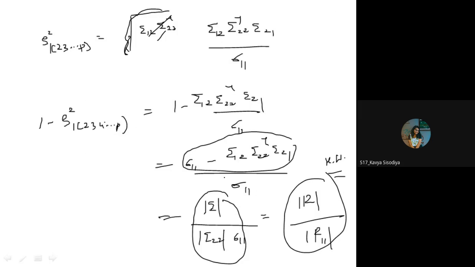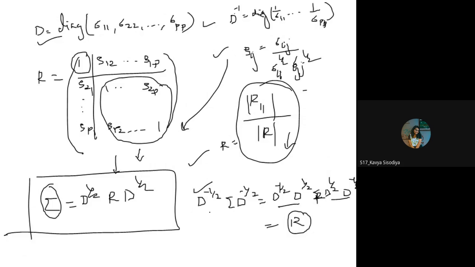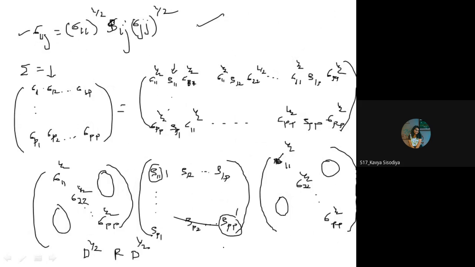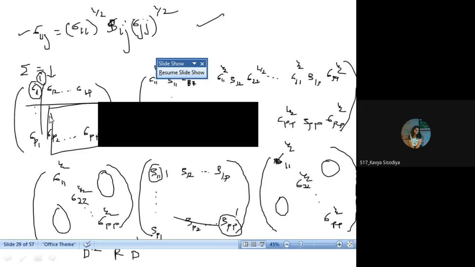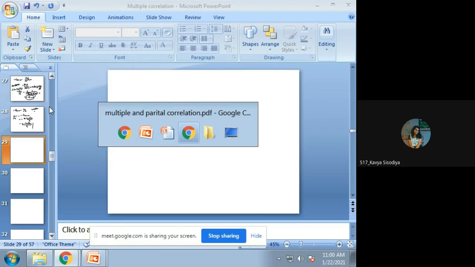Why is this sigma 11 not considered? If you divide the sigma 11 by the sigma, what is the first element? Sigma 11. If you divide it by sigma 11, what will you get? This is a 1, and that is giving the rho 11. Okay, so you have to find its cofactor. What have we called this? It is sigma 22, isn't it? If you just remove this, so just try it at home.